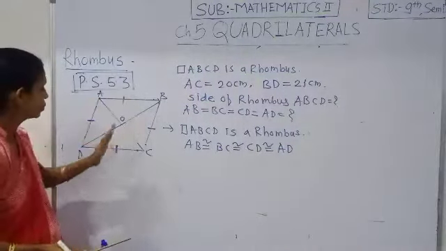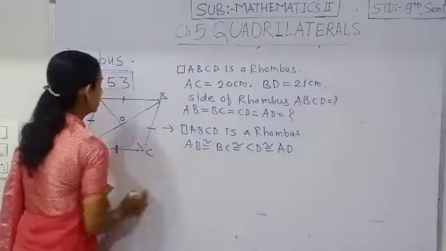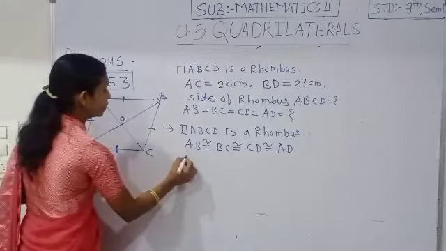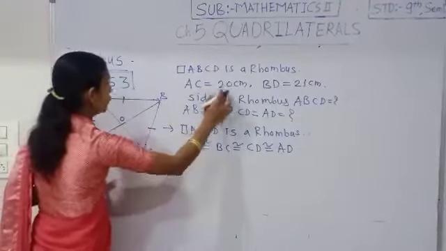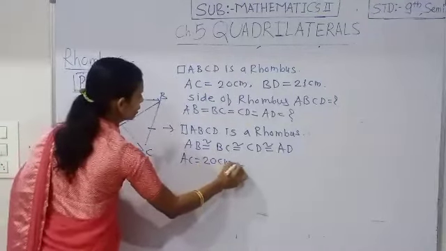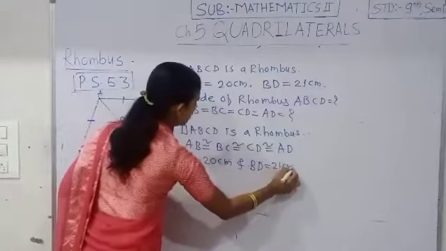Here AC, which is a diagonal, is 20 centimeter, which is given here, and BD is 21 centimeter.